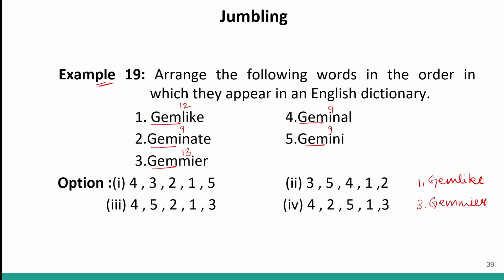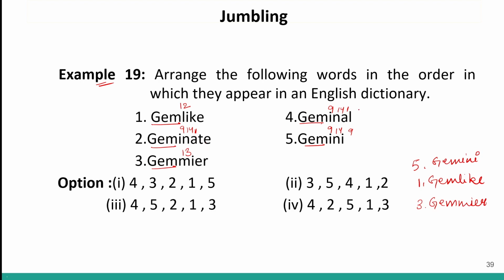Then let us look at this one. N is positioned at 14. N is positioned at 14, 14. Same. Let's move on to the next one. A is 1. A is 1 and over here I is 9. So I know at the third position I'll get Gemini. Now I have to find between second and fourth.